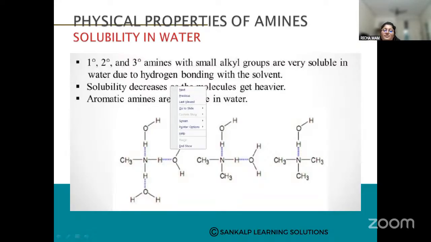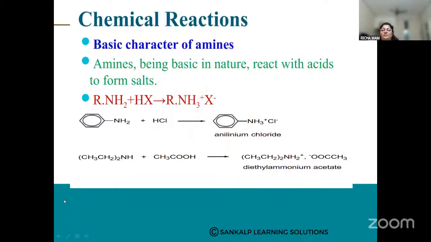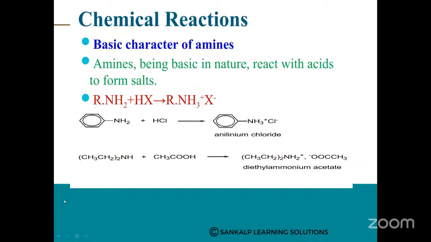Next, we are going to see the chemical properties. The first one is the basic character of amines. Amines are basic in nature, so they react with acid and form salt, as acid and base react to give salt and water.